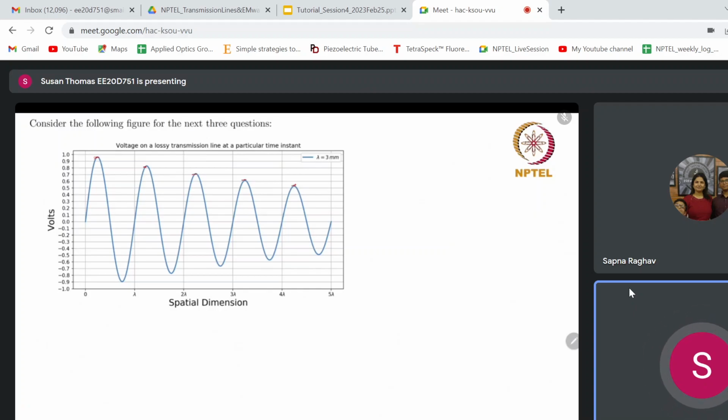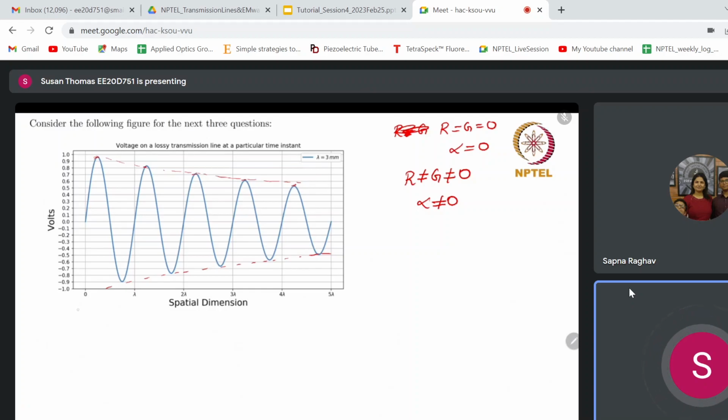In a lossless transmission line, R and G will be 0, due to which alpha will be 0, whereas in a lossy line, R and G are not equal to 0, due to which there is an attenuation constant which will make the wave decay, something like an exponential decay as it propagates along the transmission line.